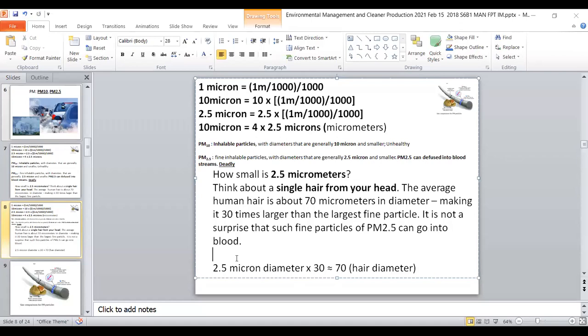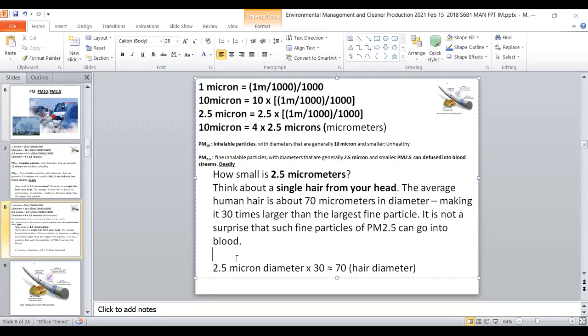In the body, blood is the working fluid. Blood circulates and passes through all the organs. And then these particles pass from the blood to the organs, and can stay there: in your heart, lungs, kidneys, brain, all the vital organs.